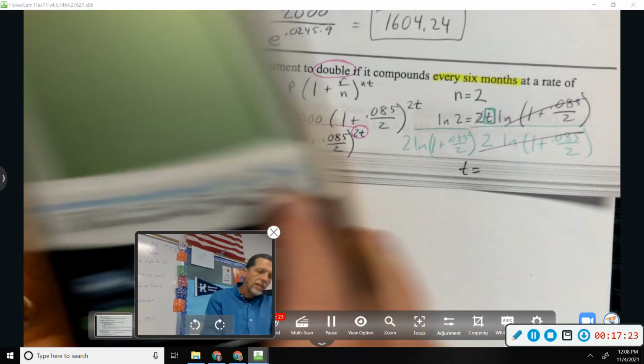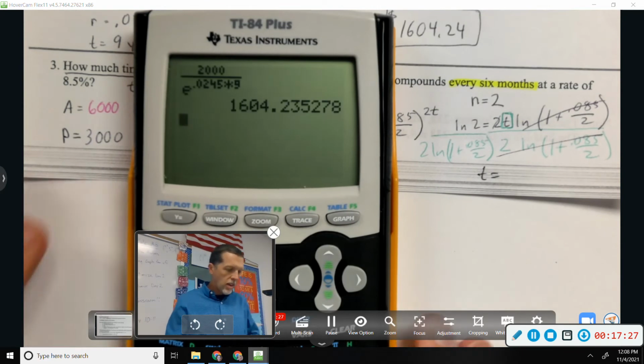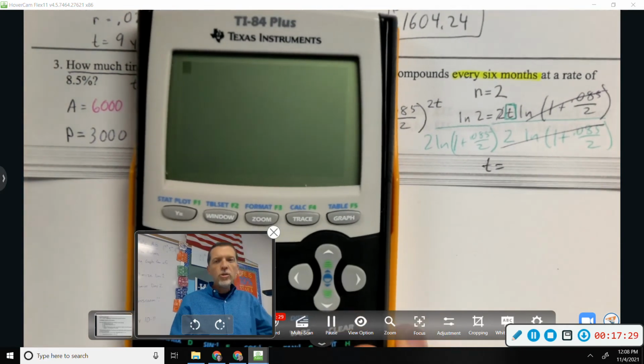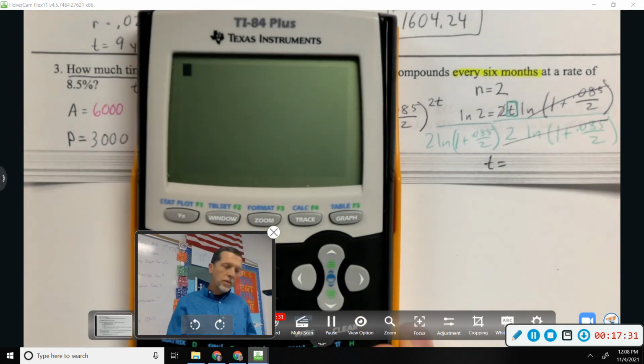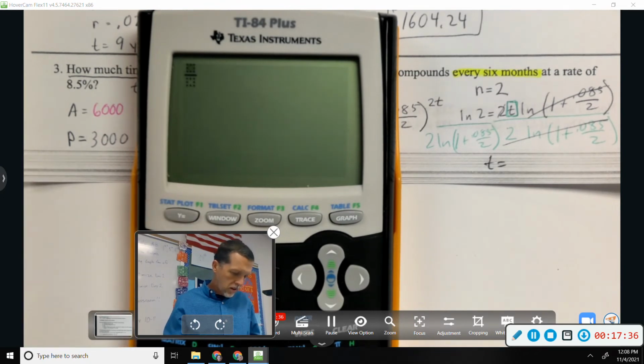And now I've got a definite calculator problem here. I usually don't use the fraction bar, but for something that's that ugly, I probably would. Natural log 2 in the top, 2 natural log 1 plus 0.085 over 2.